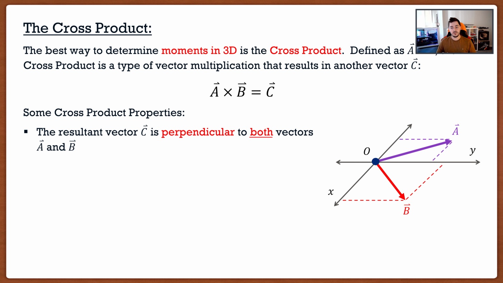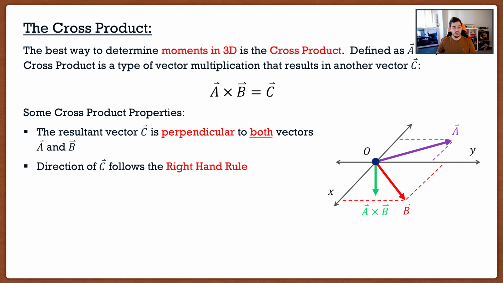In this case, if I cross A with B, I'm going to get a vector perpendicular to both. This is why I had A and B in the XY plane, because now I can say that my resultant vector, A cross B, is going to be in the Z direction, and it's going downwards.